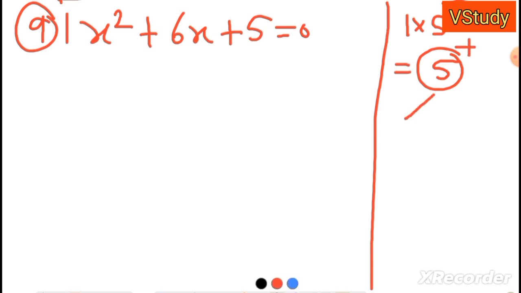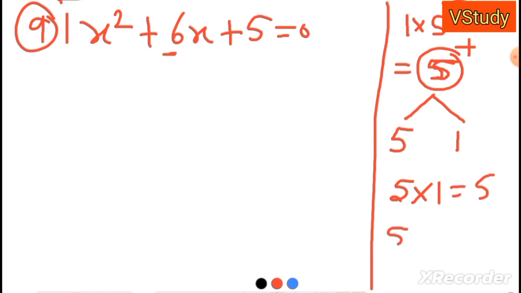So we have to find two factors of 5 whose addition will be equal to 6. And the two factors of 5 are 5 and 1, because 5 multiply 1 is equal to 5 and 5 plus 1 is equal to 6. So now solve this question.